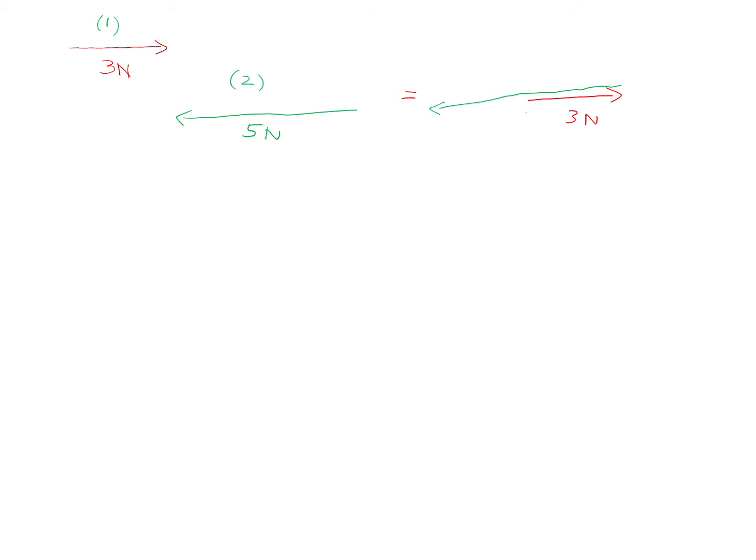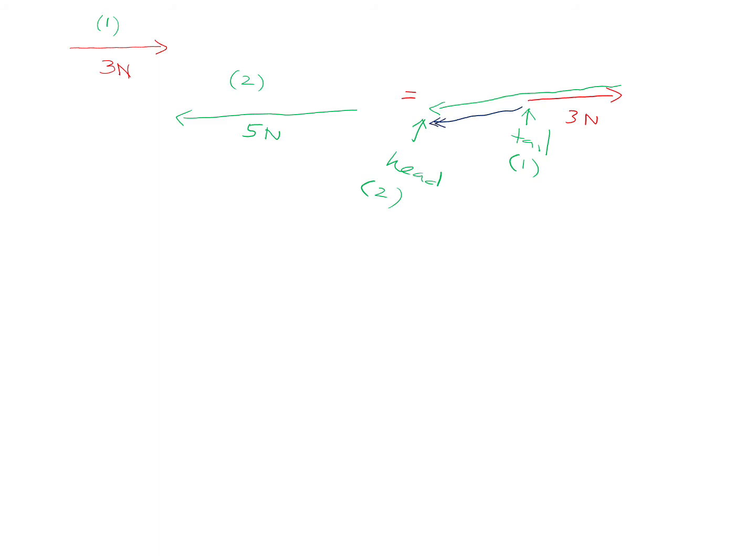This is the tail of the first vector, head of the second vector. Tail of the first vector to head of the second vector. So your final vector is tail to head. I will use a different color and put 2 arrows.